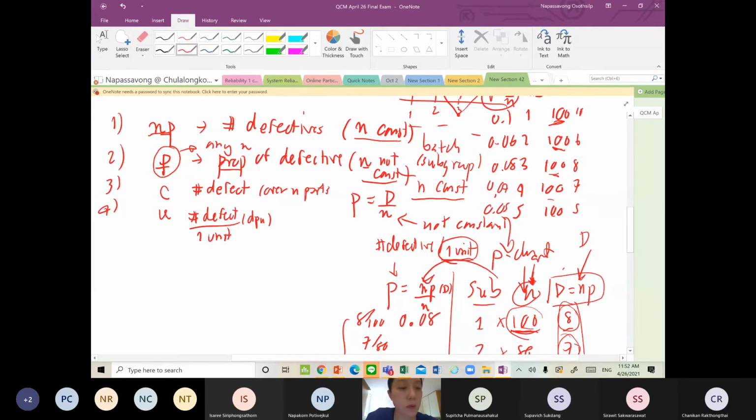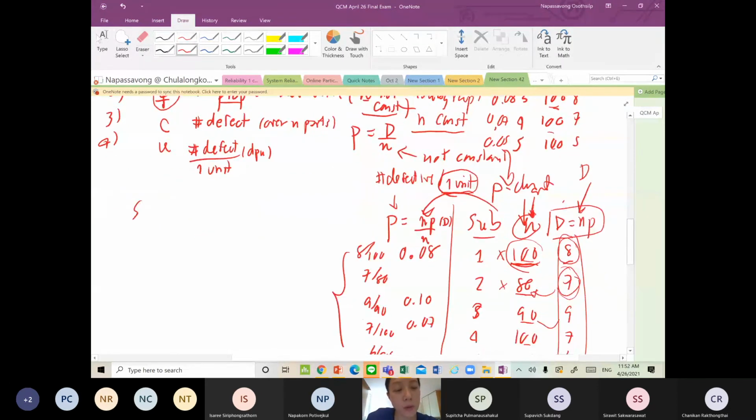For example, subgroup numbers 1, 2, 3, 4, 5. If we have n constant, for example, and we count the number of defects over 100 parts, and it's 5, 6, 7, 8, 6, 5, for example.